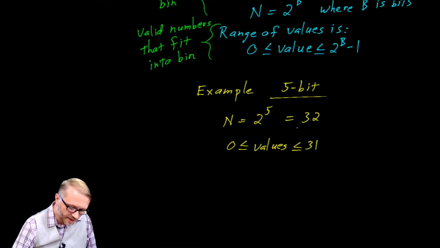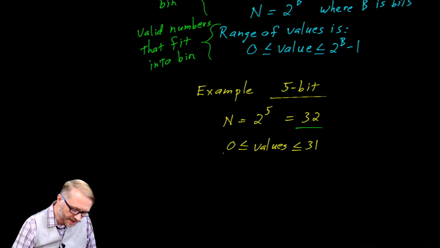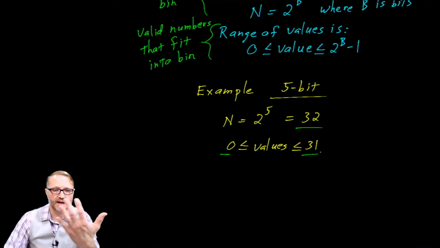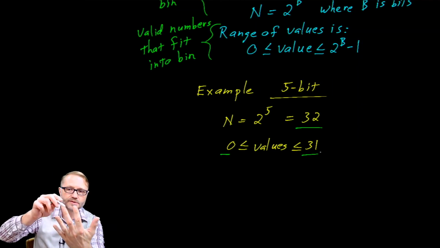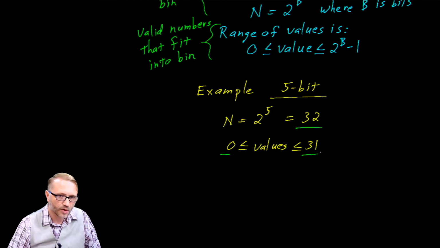You'll notice that there are 32 unique numbers, but those numbers take on values between 0 and 31. It's like counting to 5: 0, 1, 2, 3, 4. You have to watch out for that distinction, or you can be off by 1. It's a type of computer error. It's called an OB1.